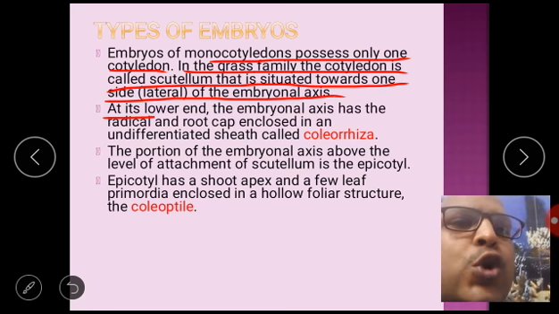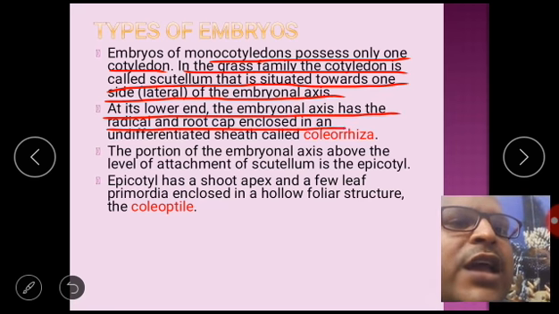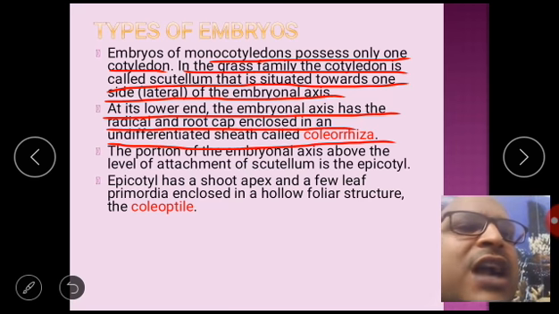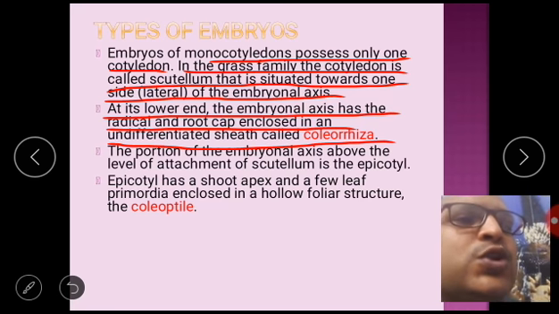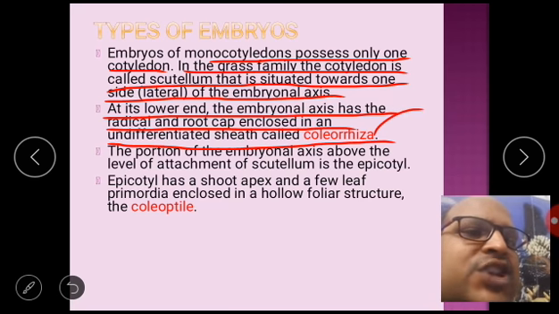At its lower end, the embryonal axis has the radicle and the root cap enclosed in an undifferentiated sheath called coleorhiza. You must know coleorhiza is the initial part of the root which is developed from the radicle.